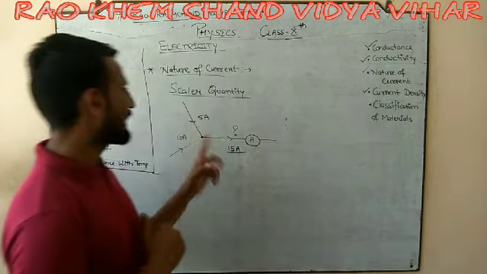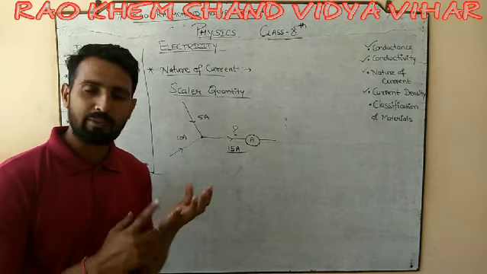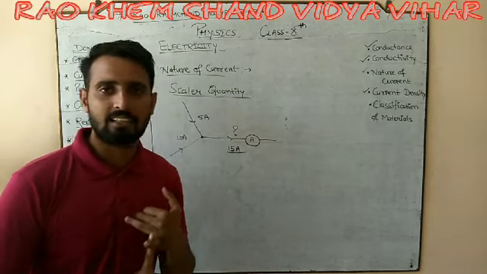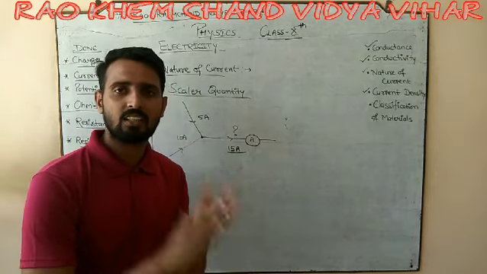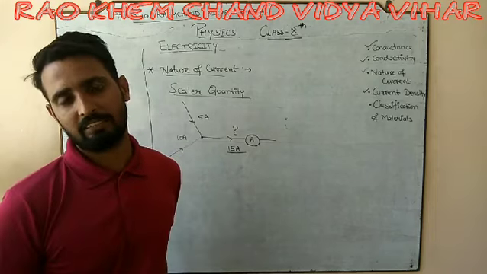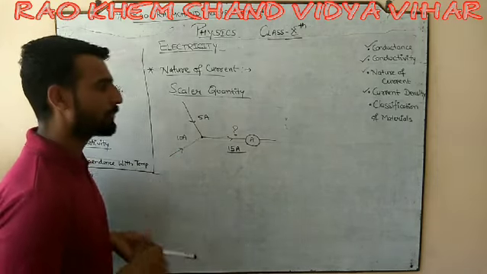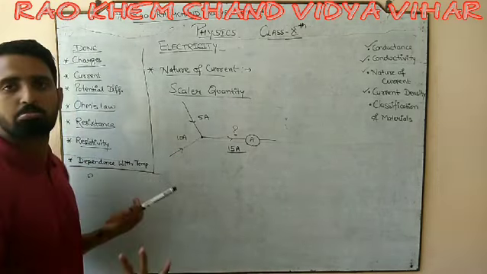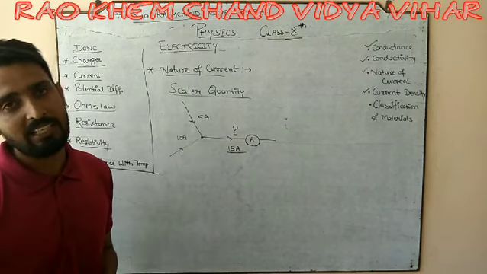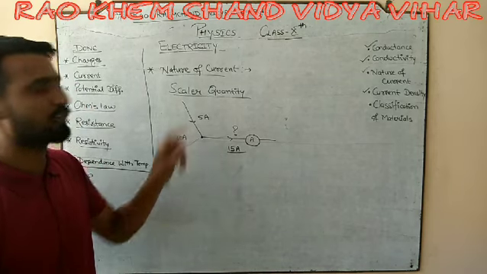But in spite of that, current has magnitude, 5 ampere, 2 ampere. In spite of that, current has a direction from positive to negative. It does not obey the vector rule. And if it does not obey the vector rule, it will never come in the vector category, because it obeys the rule of scalar.